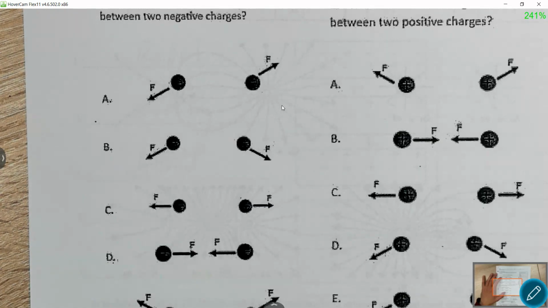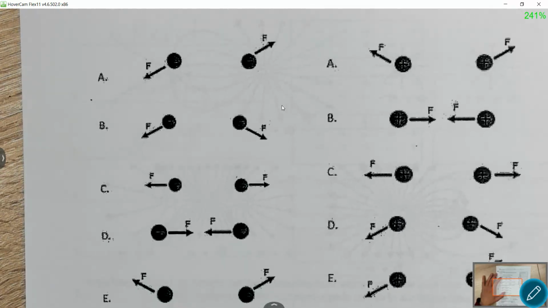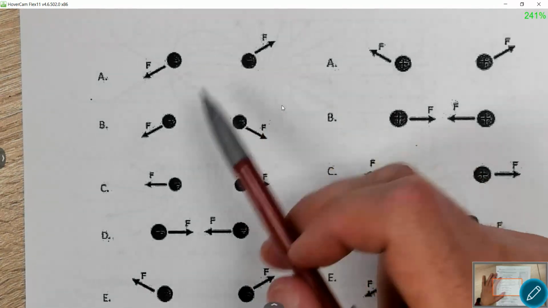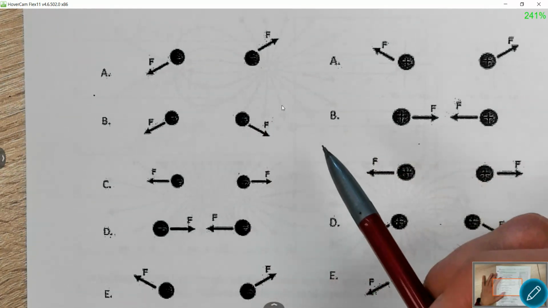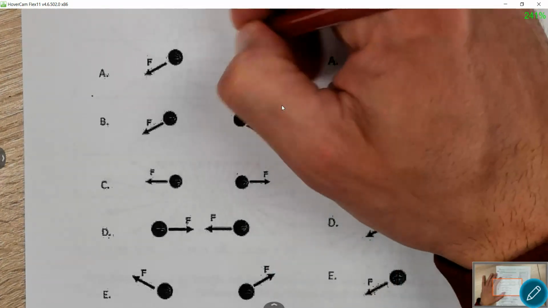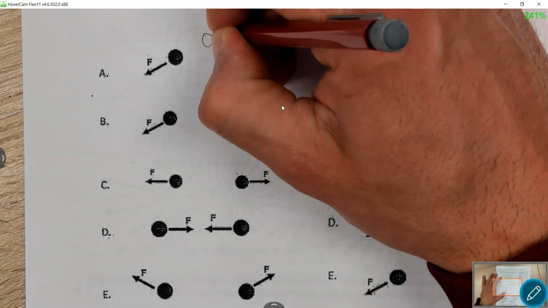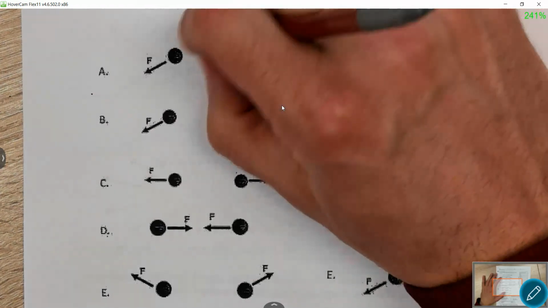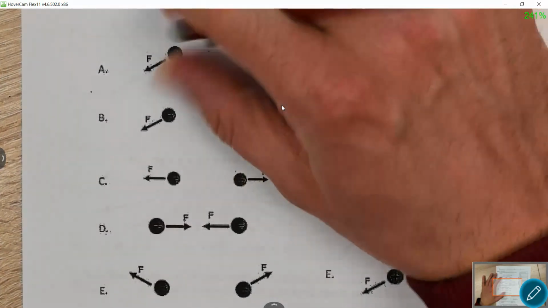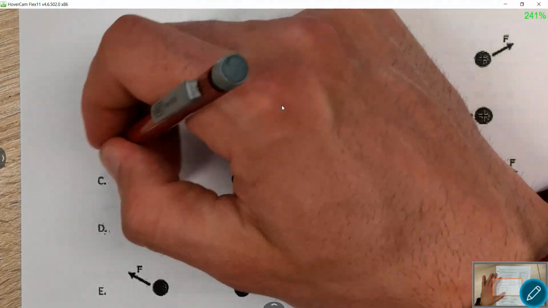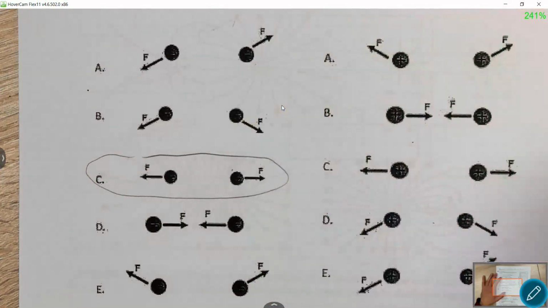Repel. So which one shows the best repelling? C. Okay, so I heard A, I heard B, I heard C. A would probably work if this was shifted here, it would be a little bit better. But because of the angle of where they are, it would be C.